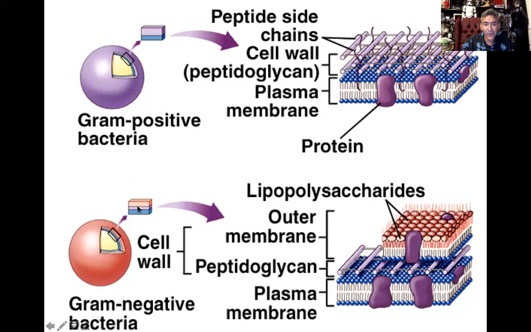Gram-negative, very thin layer of peptidoglycan. And we have an LPS layer, right? External to the peptidoglycan. So again, thick peptidoglycan, very thin peptidoglycan. We have membrane, peptidoglycan, and LPS for gram-negative. We have membrane and only peptidoglycan for gram-positive.